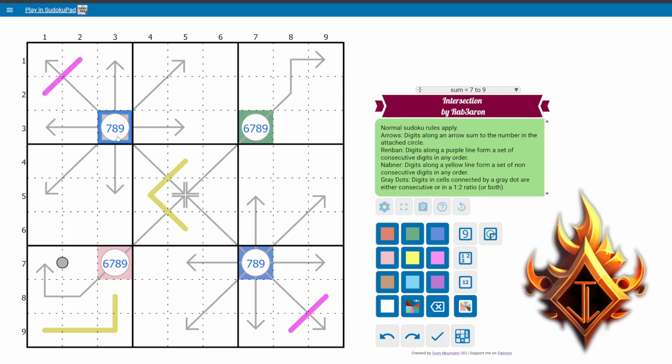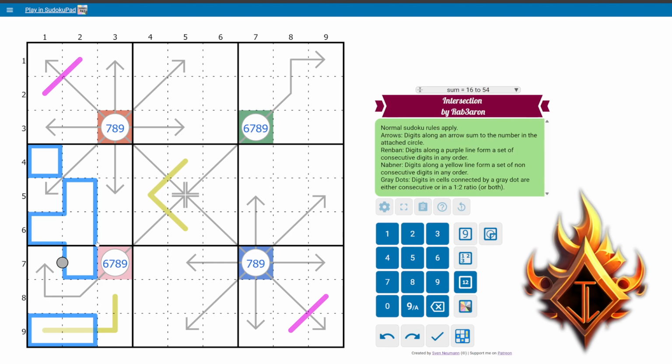Well, no matter what, red here cannot go on this arrow. So red can only go in one of those spots.